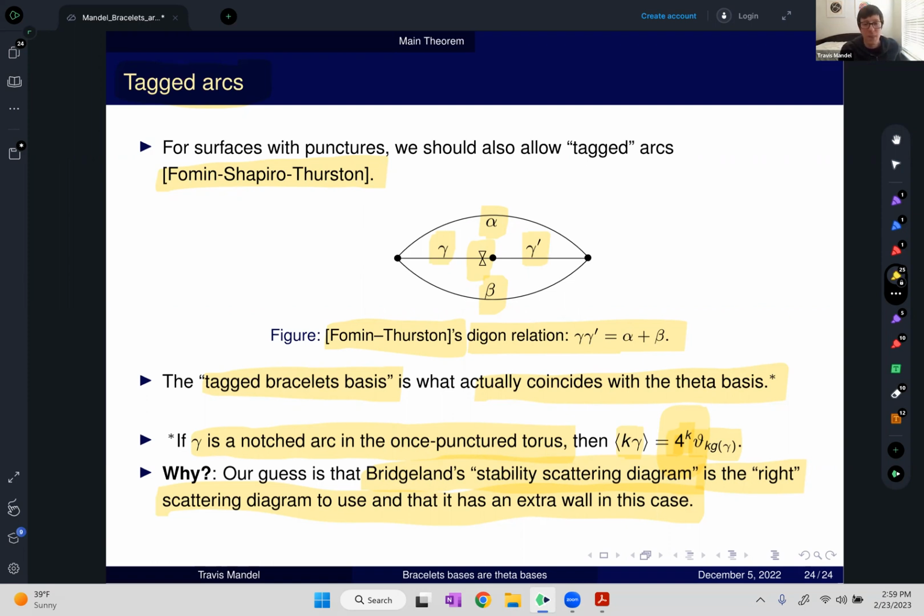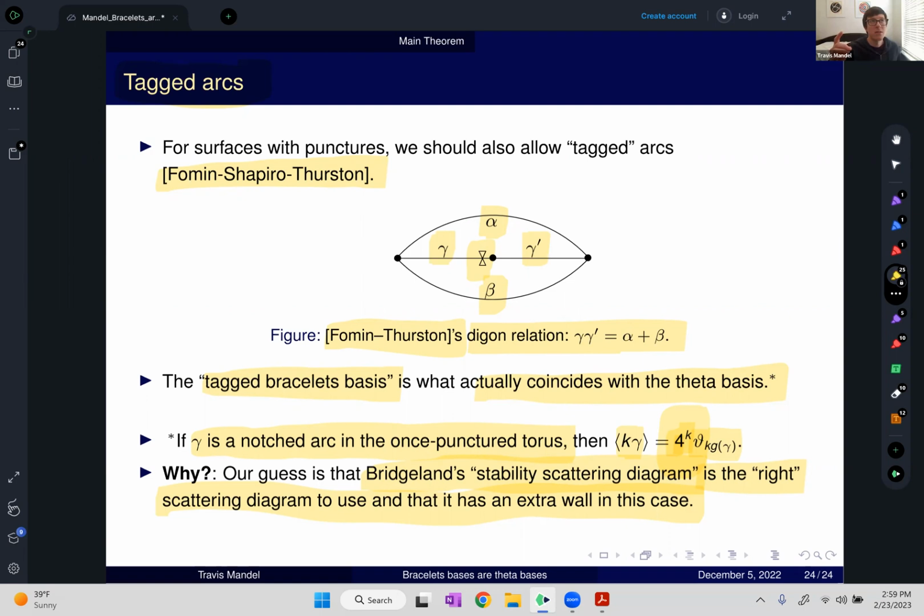We'll look at what happens when we Dehn twist elements in the skein algebra, and that tells us something about the corresponding theta functions.